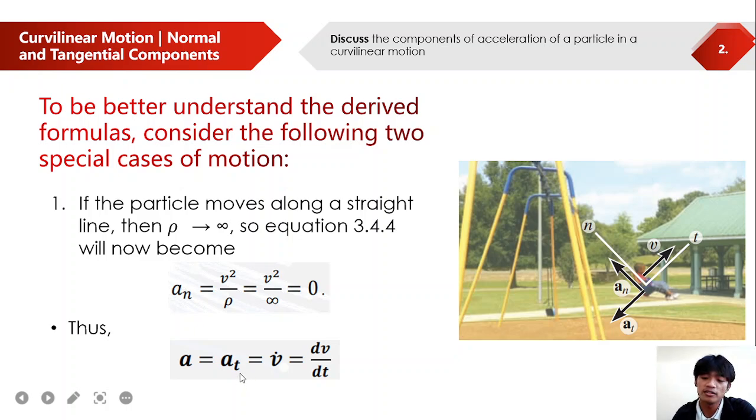And then, we all know that the a sub t or the tangential component of our acceleration can be solved by dv over dt. Kaya yung formula natin doon sa rectilinear, we directly determine that by dv over dt since wala na siyang normal component sa particle moves along a straight line.